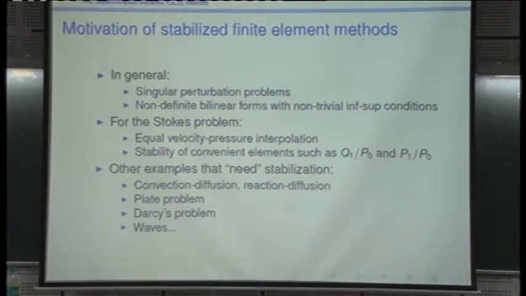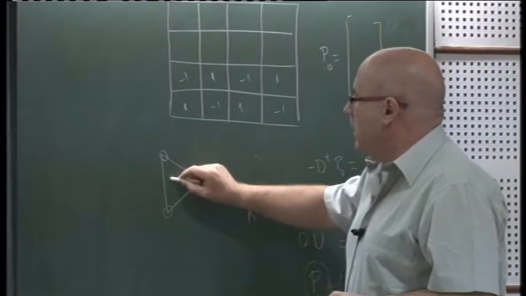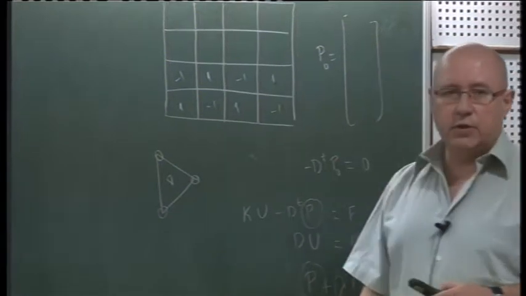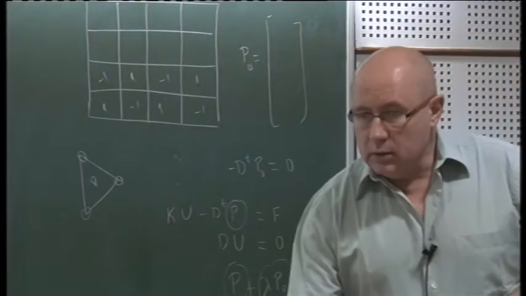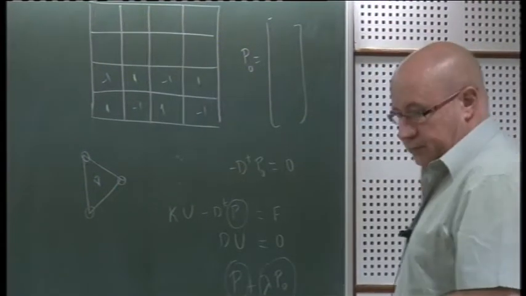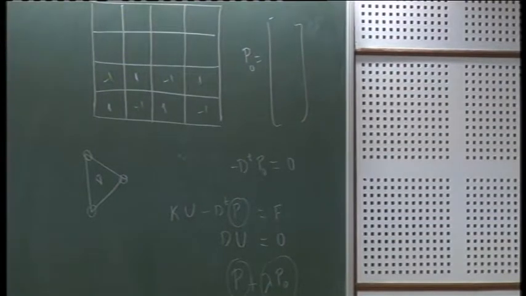So P1P0 would be linear velocities, and constant, piecewise constant pressures. This is absolutely discontinuous.